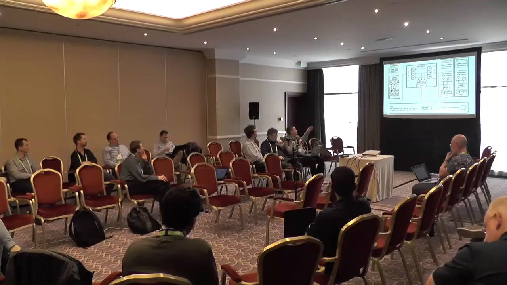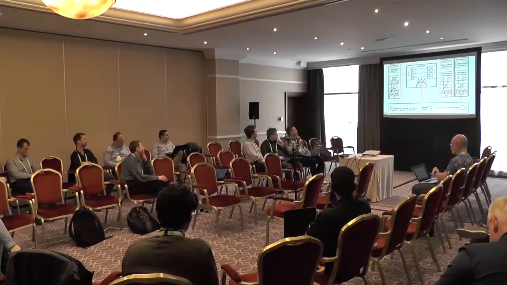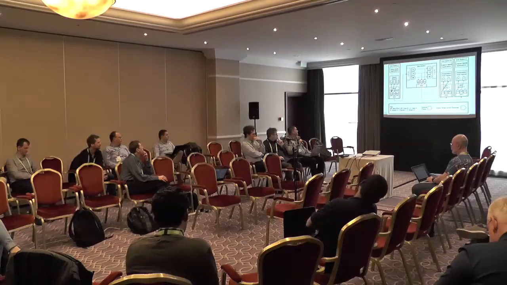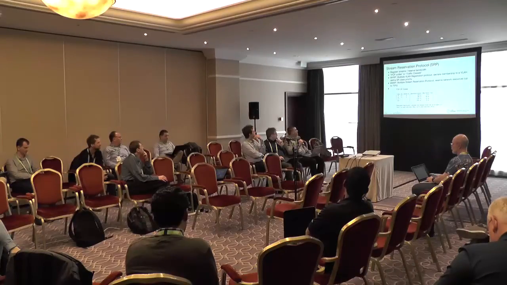Using the stream reservation protocol, we reserve bandwidth and latency requirements on every hop through this path, and that allows us not to worry about congestion and other issues that can break our latency. This is the main goal. The main protocol just allows us to reserve these resources.